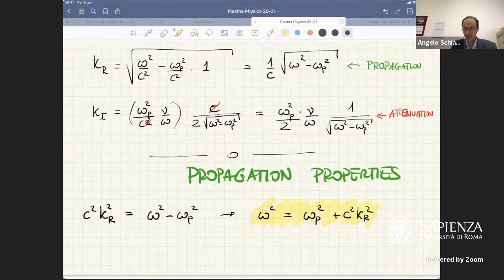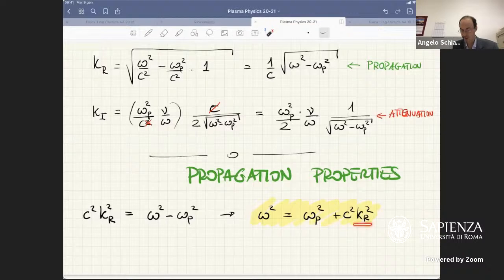Let's remember that now that we have separated the complex part of k, kr has to be a positive number. It cannot be negative or imaginary, because the imaginary part is contained in the other part of k.